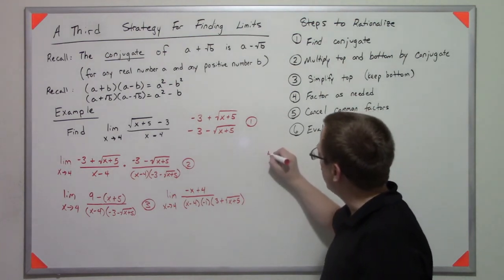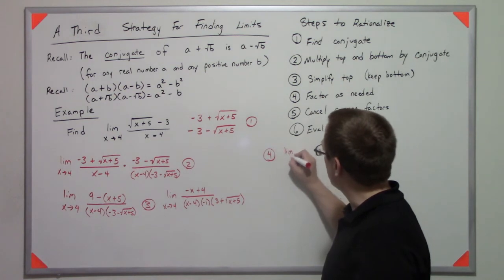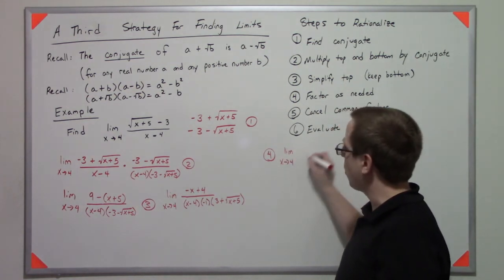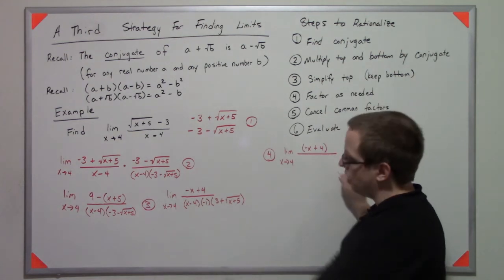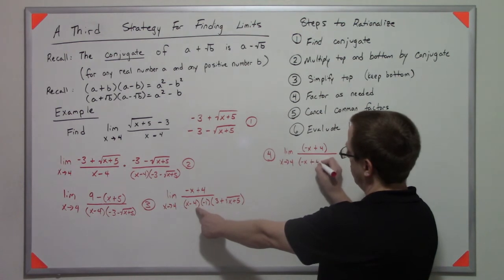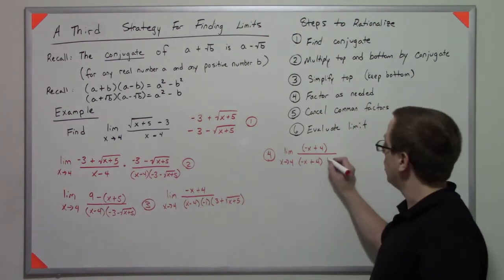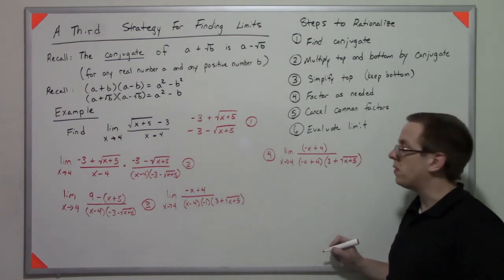I'm going to say this is step 4. This is going to be the limit as x goes to 4 of negative x plus 4. If I distribute the negative, I get negative x plus 4 times 3 plus the square root of x plus 5.